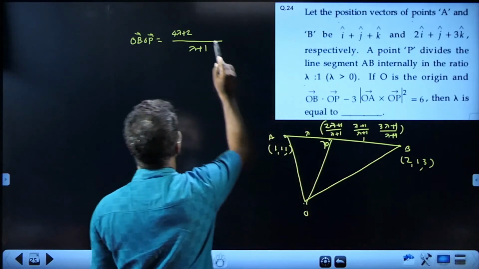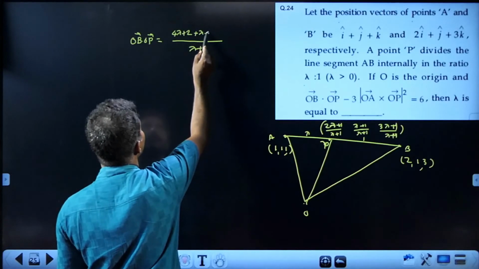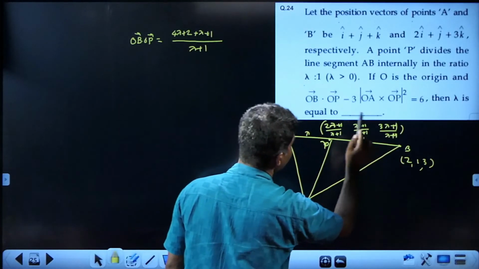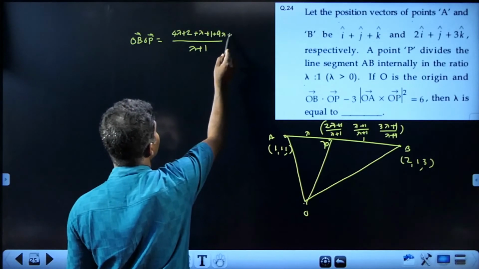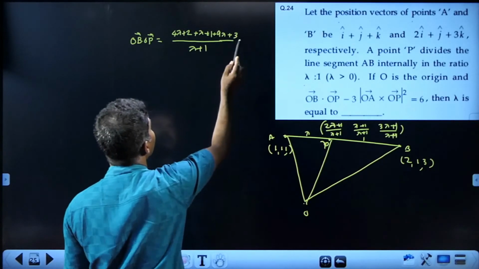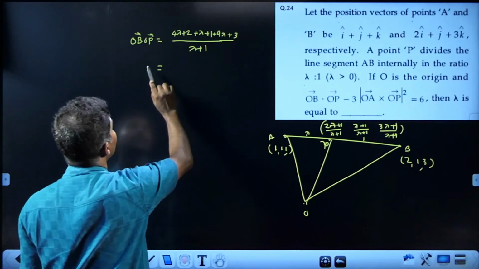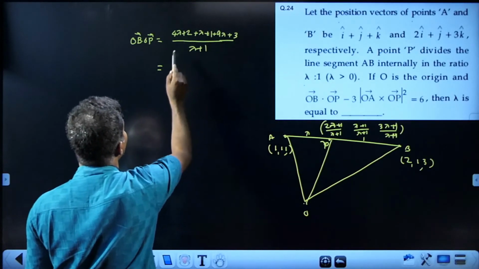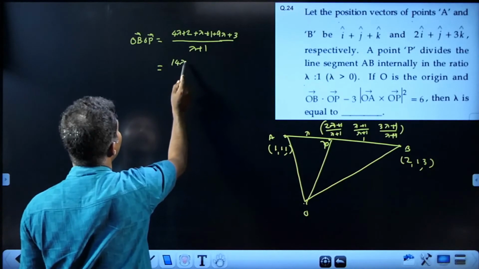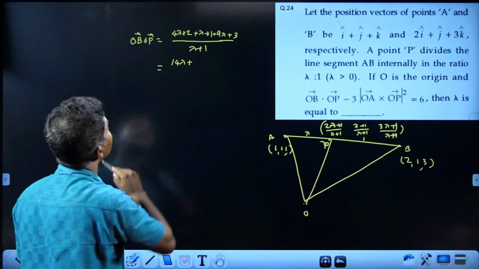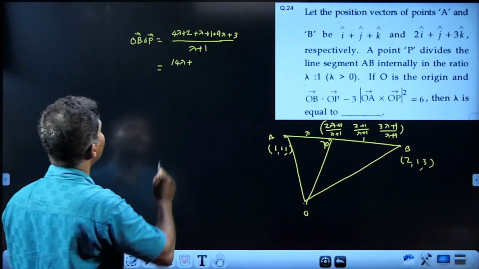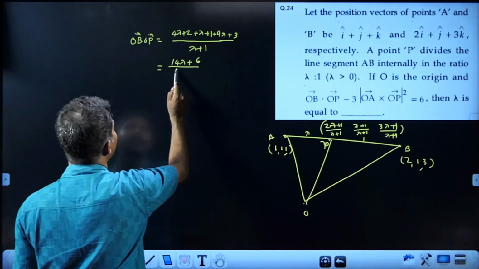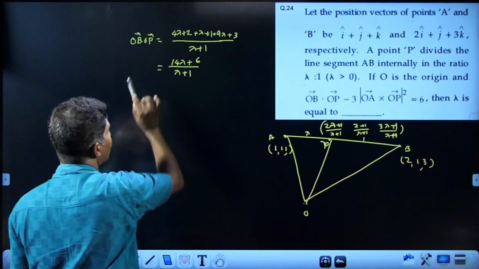Here it is lambda plus 1 itself. Now 3 into 3, 9. 9 lambda plus 3. That is equal to 14 lambda plus 6, divided by lambda plus 1. That is the first part only.